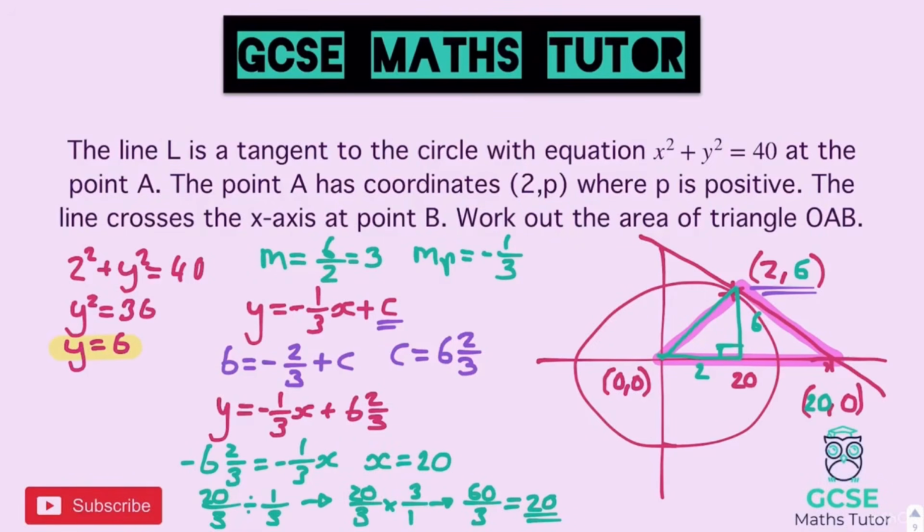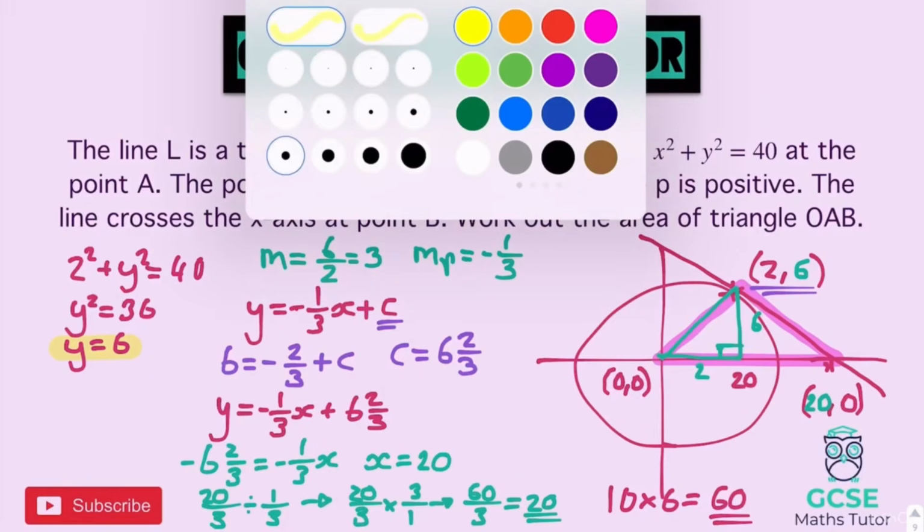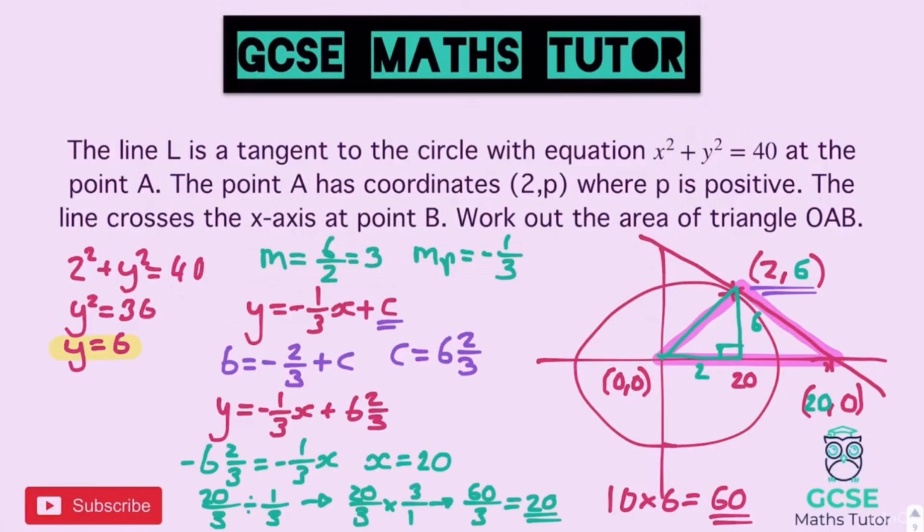Either one of those is nice for us to halve, so we can just do 3 times 20, or we could do 10 times 6, either one. Okay, but let's halve the base this time. So we've got half the base, which is 10, times the height, which is 6, which gives us an area of 60. Okay, so a lot nicer actually in terms of the final steps there, but all the same parts of the process. Okay, and we get our area of 60.